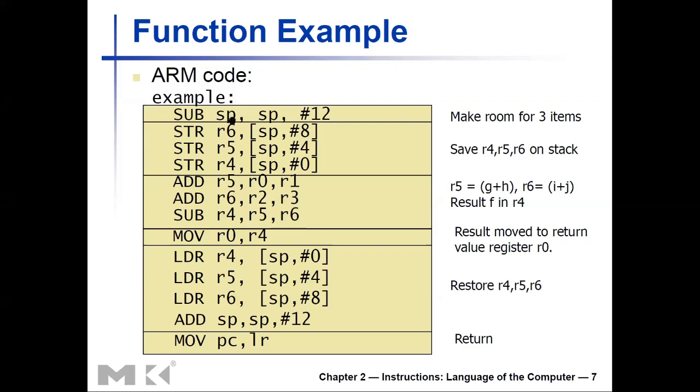Since we need to preserve 3 values in the stack, we need to decrease the stack pointer by 4 times 3, that is 12. So we are decreasing the stack pointer by 12, and then we store all these R4, R5, R6 registers in the stack like this.